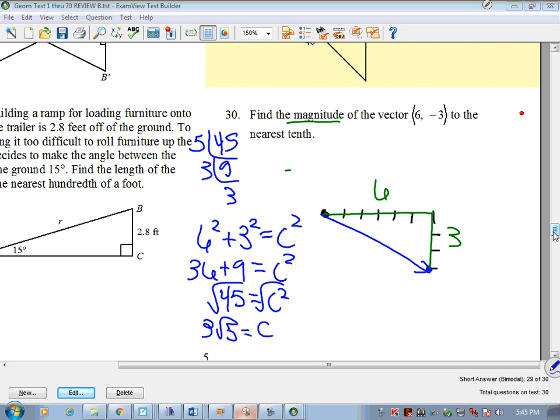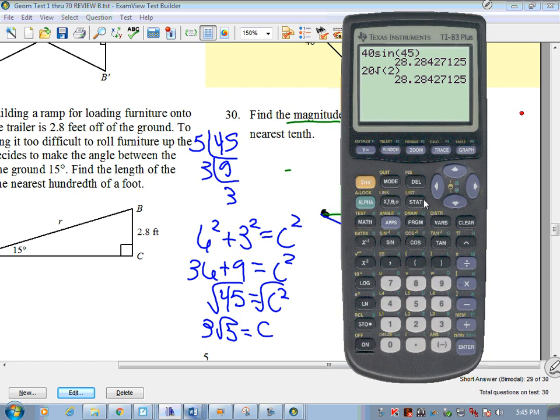But because it says to the nearest tenth, we can just take the square root of 45 and get a decimal answer. So the square root of 45 equals 6.7, and that's all the answer they want, 6.7. That's all they care about.